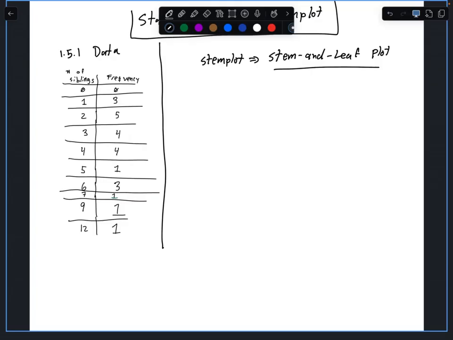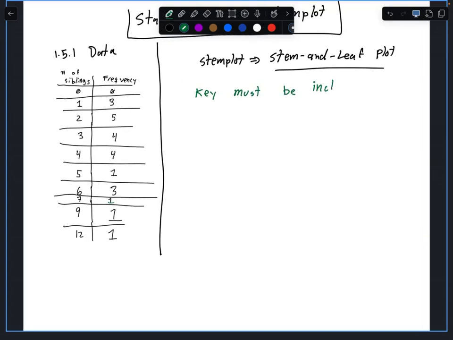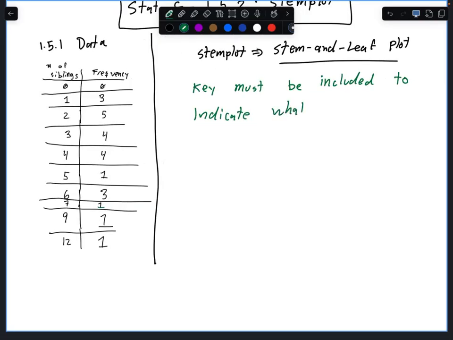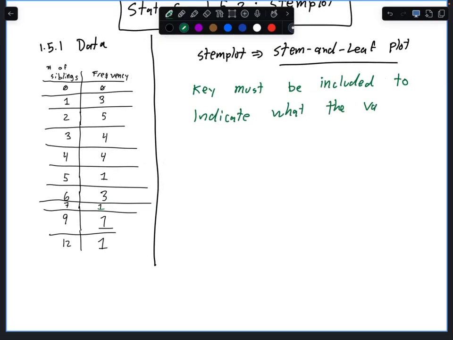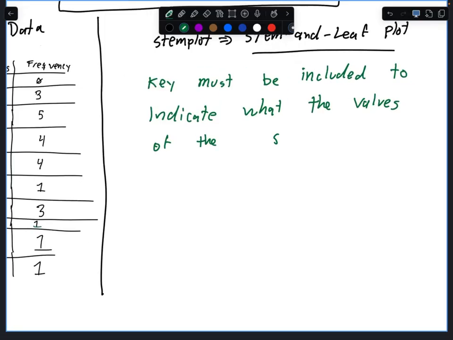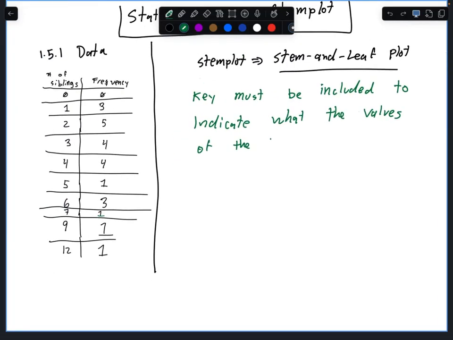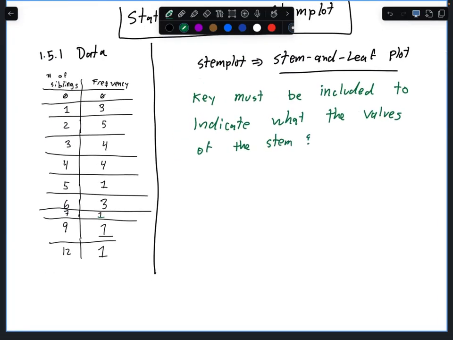So what's very important here is that a key must be included to indicate what the values of the stem and leaves represent.